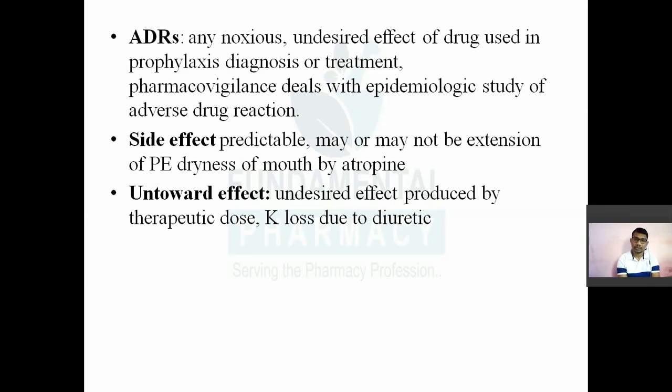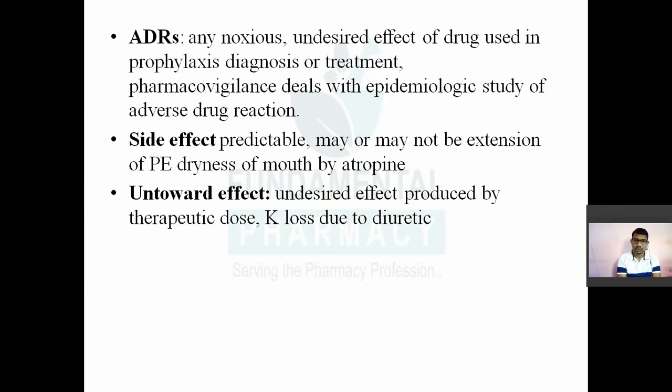But you cannot tolerate huge potassium loss during diuretic therapy. It may alter your homeostasis. It may alter the composition of salts in the blood. So the untoward effect means an undesired effect produced by a therapeutic dose of a drug. For example, potassium loss during diuretic therapy.